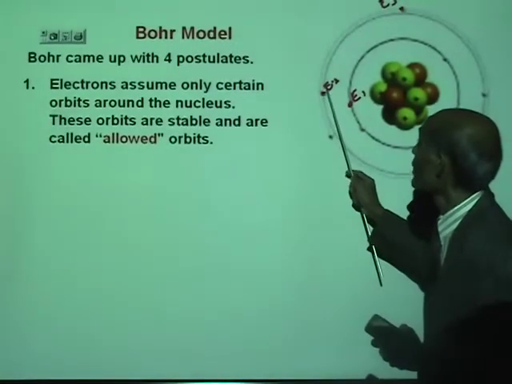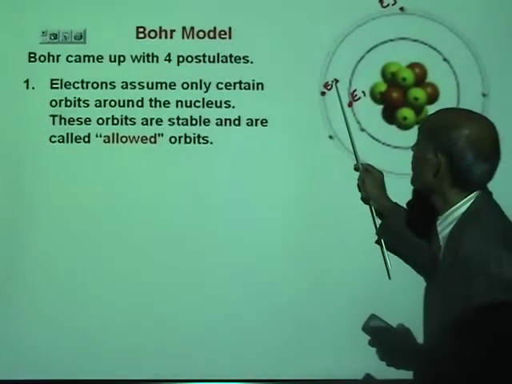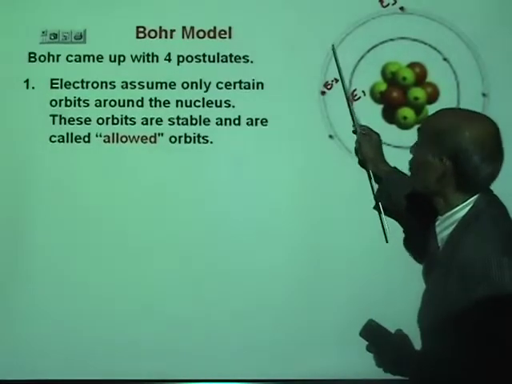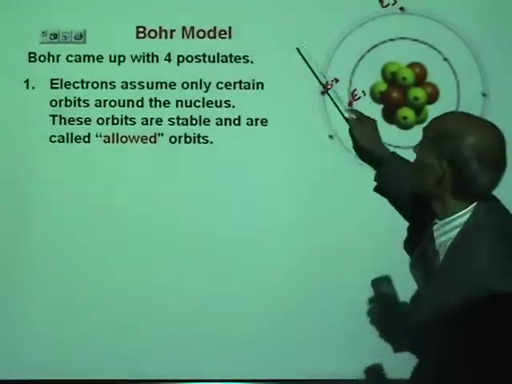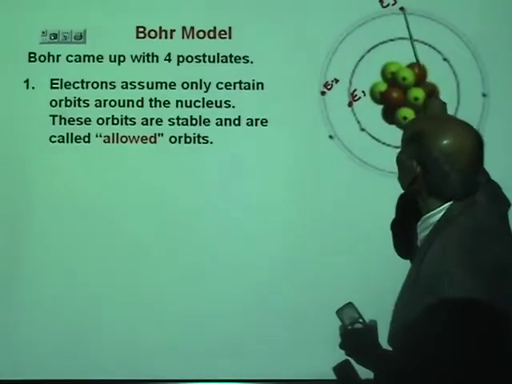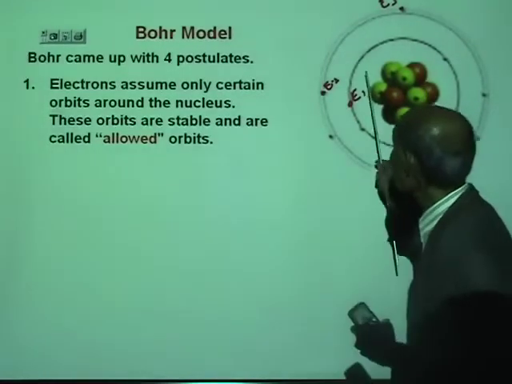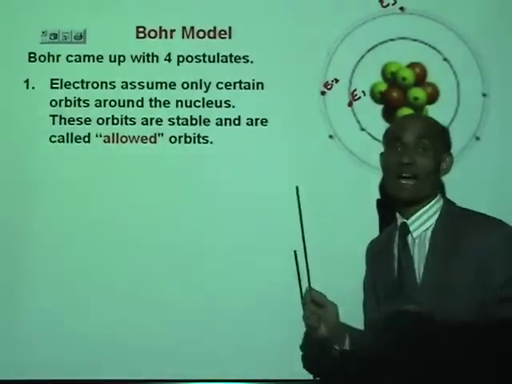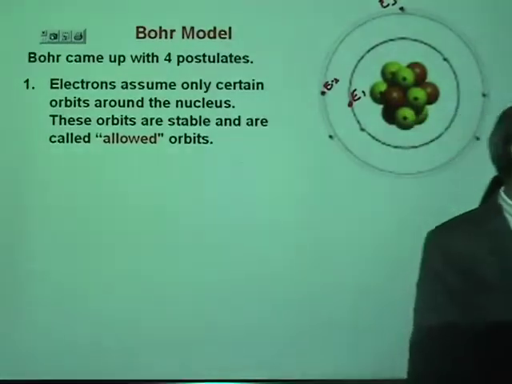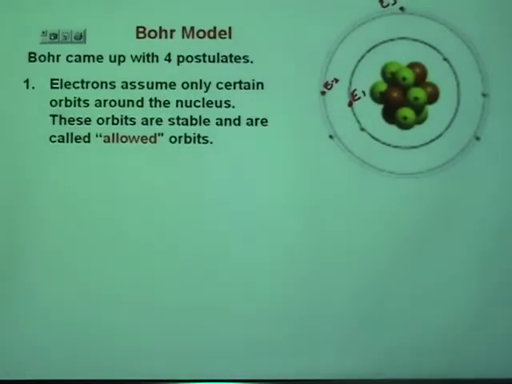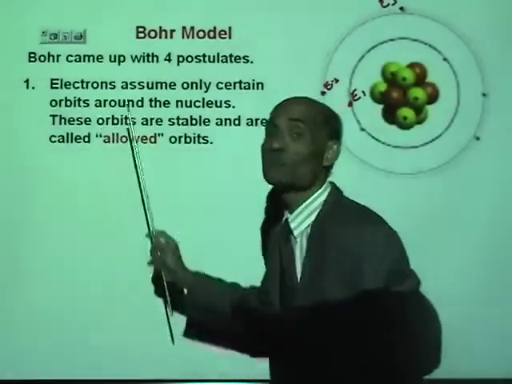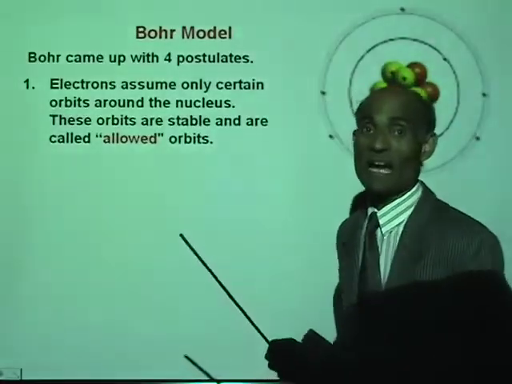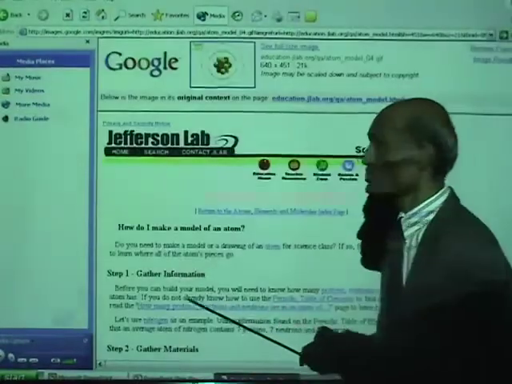So this electron has an energy E2, and if an electron has to be still outer, its energy will be E3. So each allowed orbit has a specific energy value associated with it, and that is the essence of this first postulate. Now, what does the second postulate say?